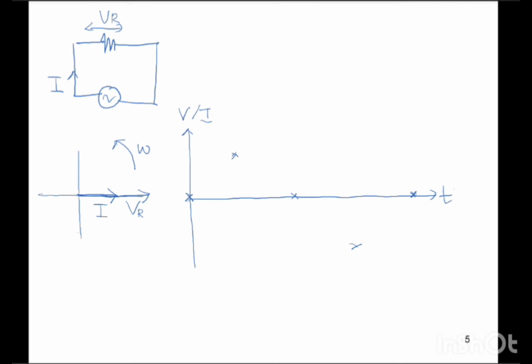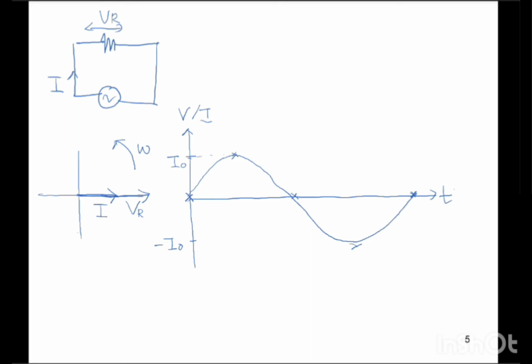When we sketch this graph, we get the sinusoidal waveform, and this is the maximum, I naught, and negative I naught.